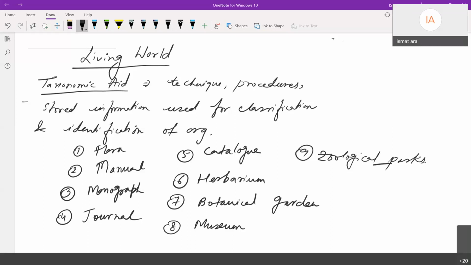So these are taxonomic aids. Okay. Now, one by one, I will discuss all the points.